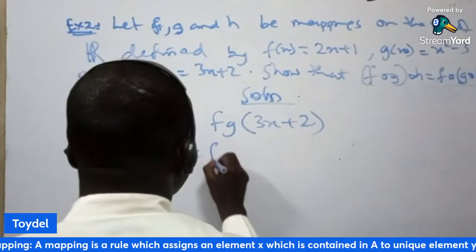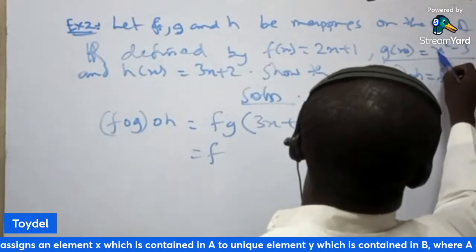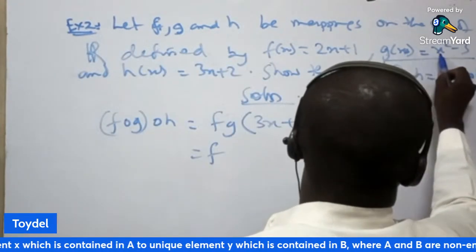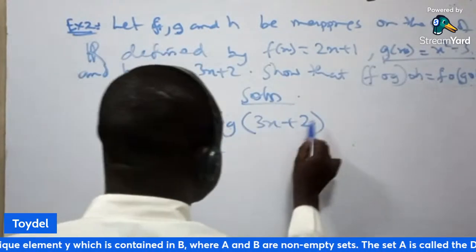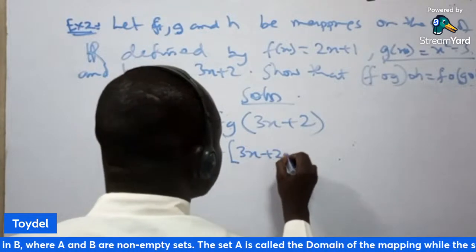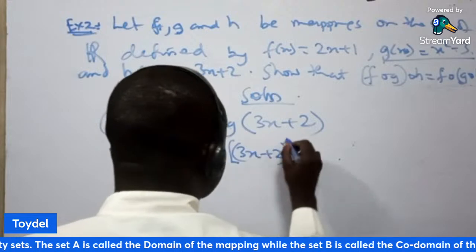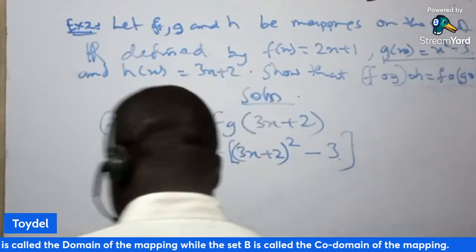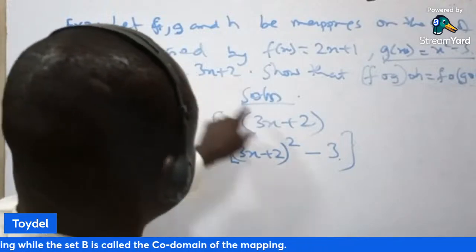Then this same thing as f. What is the definition of g? G of x is defined as x squared minus 3. So if you now have fg of this is going to give us 3x plus 2. Look at it, 3x plus 2 squared minus 3. That's what we are going to get. H, of course, when we have h, we just write it out, 3x plus 2.